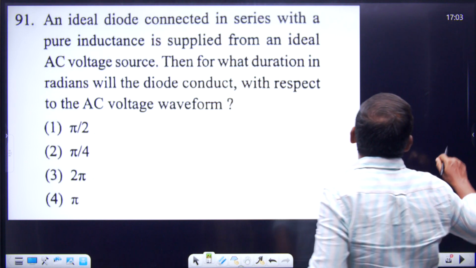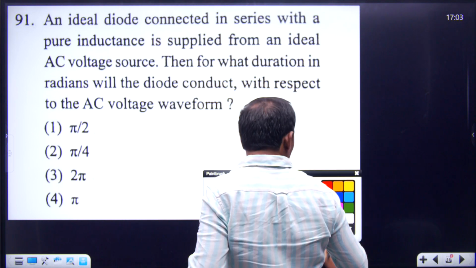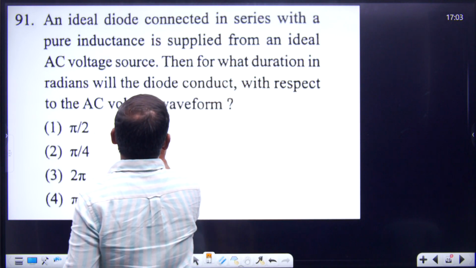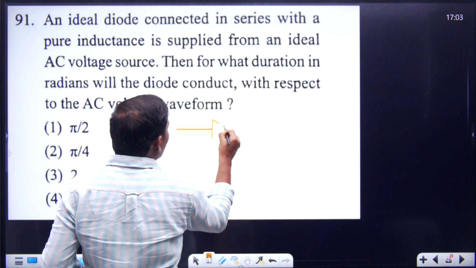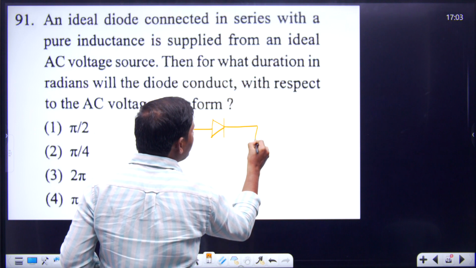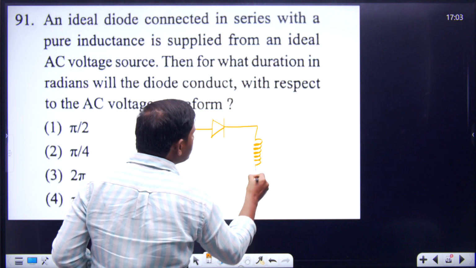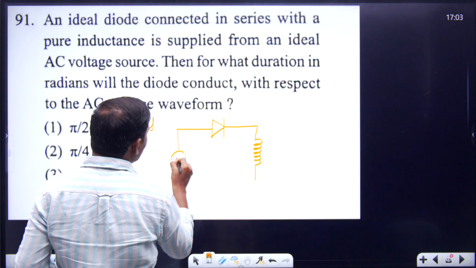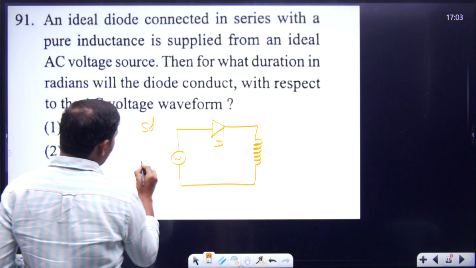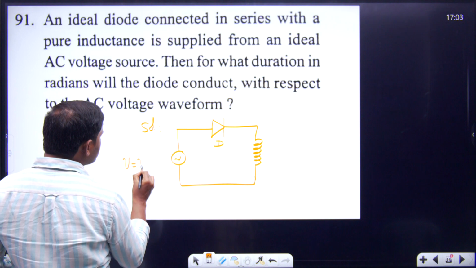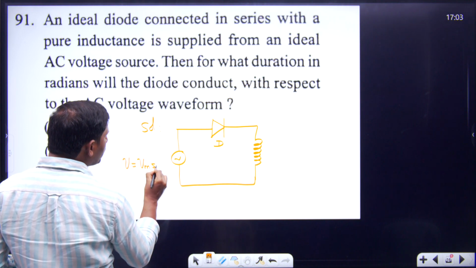Yes friends, what is the solution for this one, students? It is a diode rectifier connected with a purely inductive load. This is the diode D. The supply voltage is sinusoidal, v equal to Vm sin omega t.